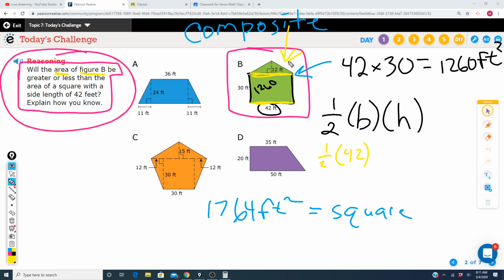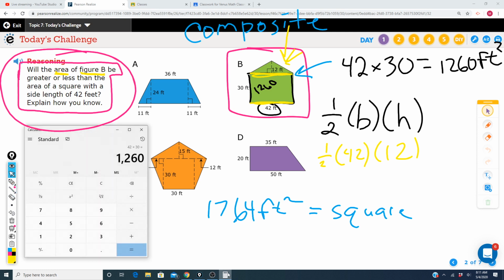So 1/2 times 42 times 12. 1/2 of 42 is 21. 21 times 12 is going to give us 252. So 252 is the area for the triangle.